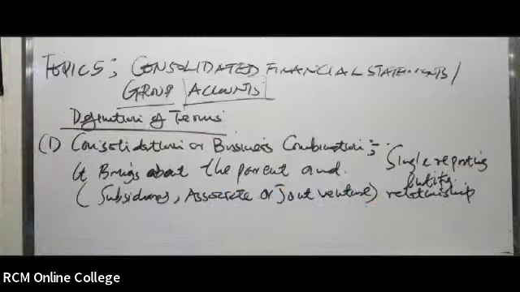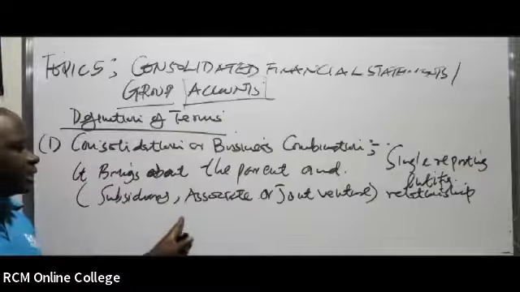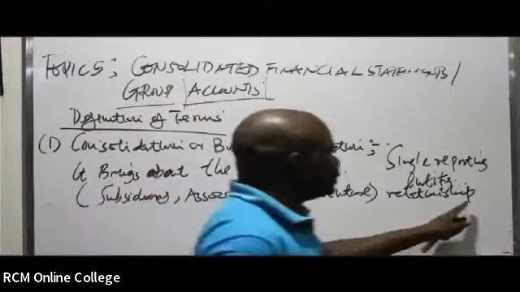It brings about the parent and subsidiary, put in brackets because there are a number of them, subsidiary, associate, or joint venture relationship.